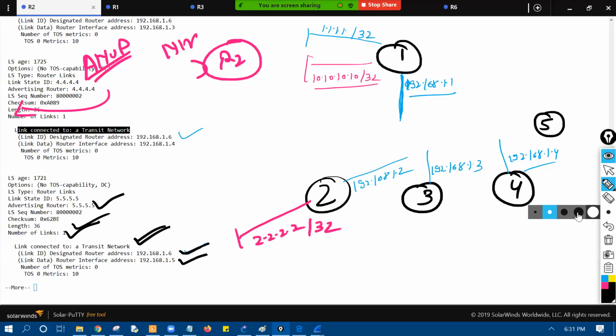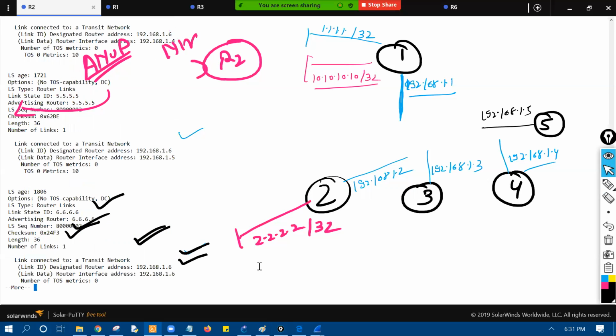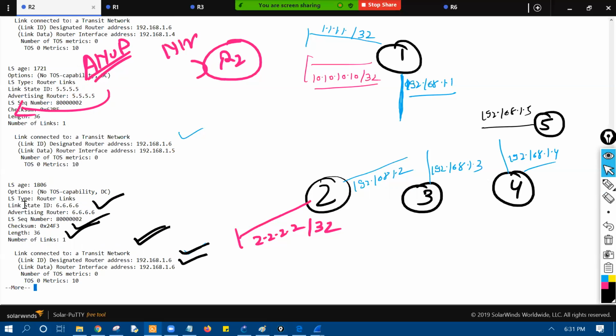So let me draw the one link for 105 as well. Then after that we have another link, that is 6.